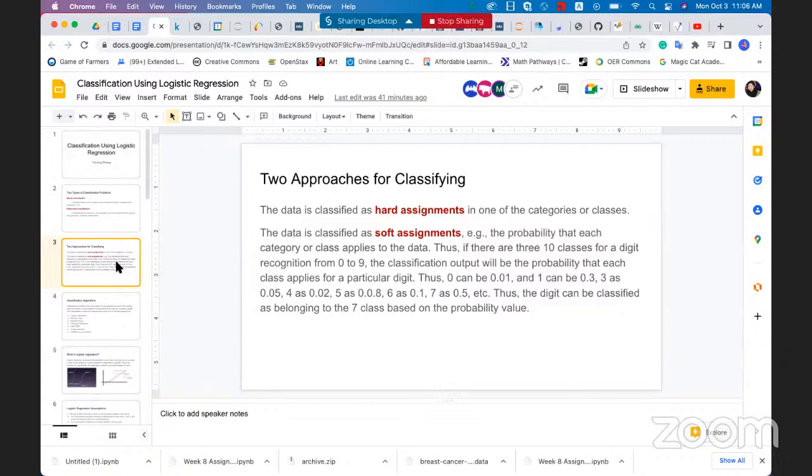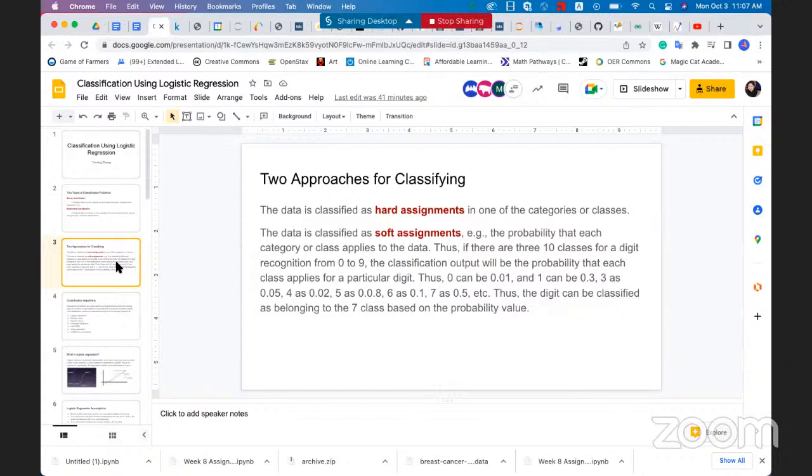For example, if we have a target variable with 10 classes from 0 to 9, what class is this entry? You can use 0 to 9 to represent it, but sometimes we instead use probability.